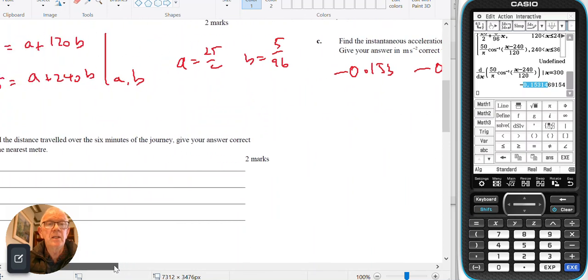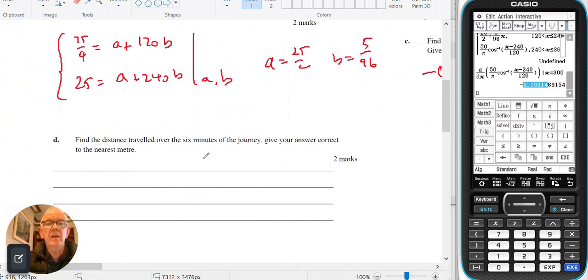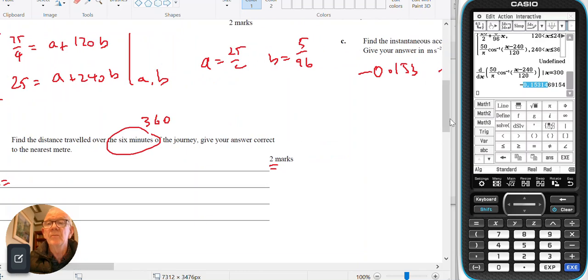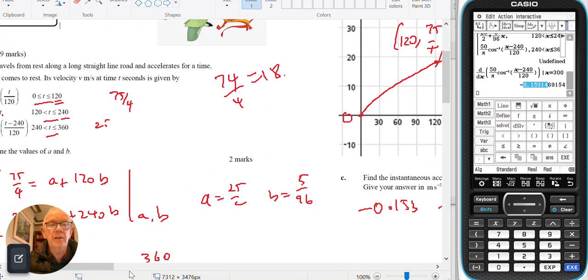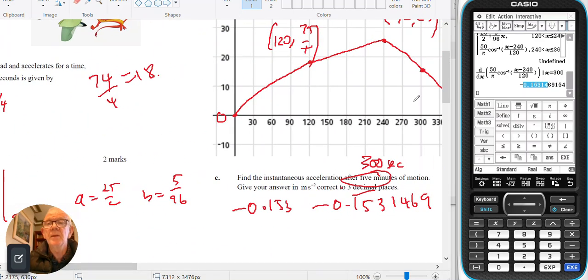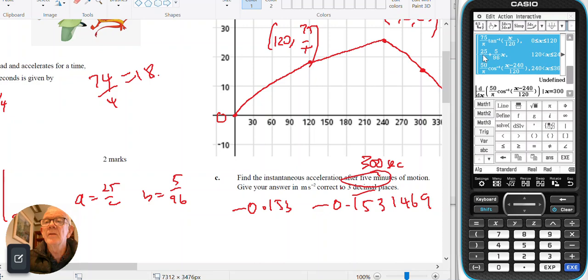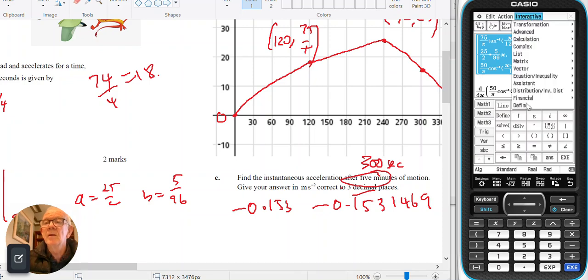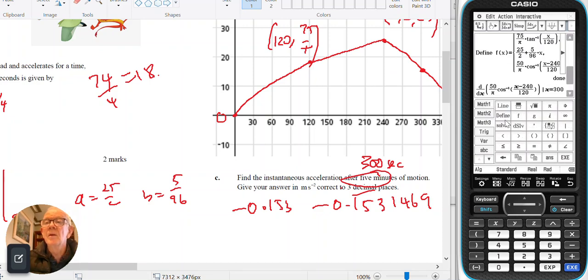Part D. Find the distance travelled over the 6 minutes, 360. 2 marks, okay. So the distance is going to be the area under the curve. If I come up here and I define that, so I've called it f of x.